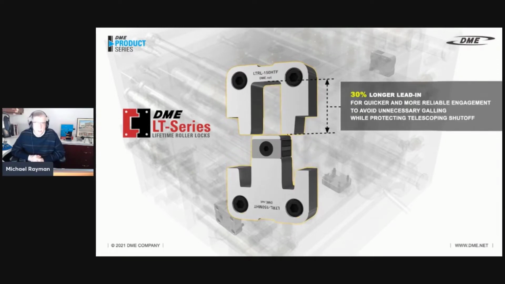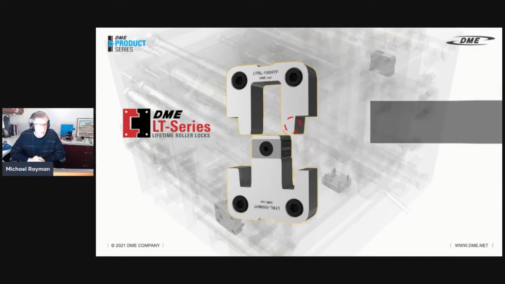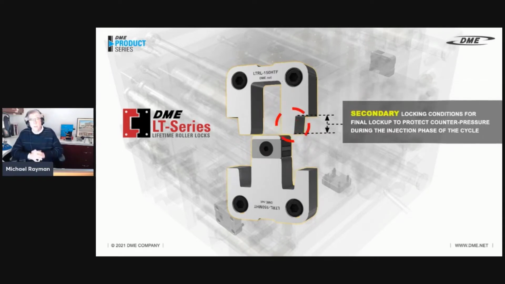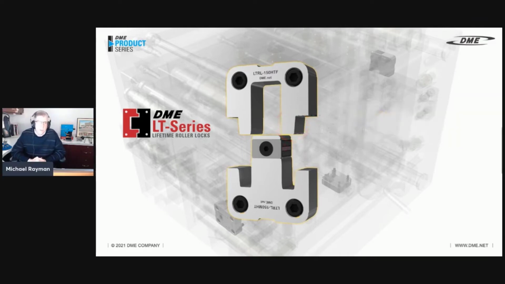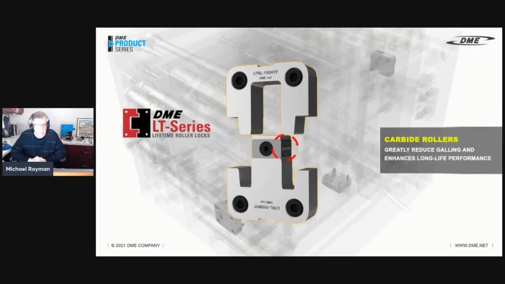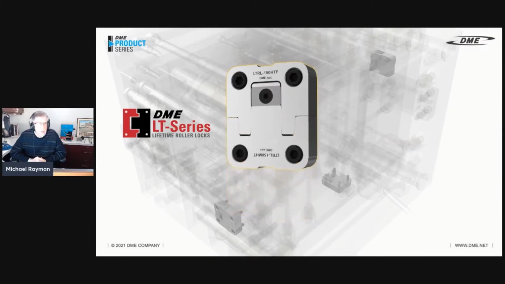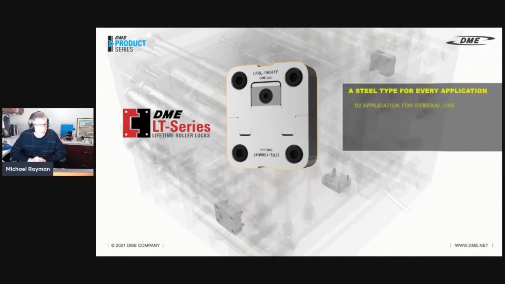Here, as you can see, you have a 30% longer lead-in, which is great for when you have crossover shutoff. So you're not busting your small cores going from cavity to core side or vice versa. And also there's a secondary lockup on it so that you can maintain a tight seal on your locks themselves. They all come with carbide rollers to help guide these into place.